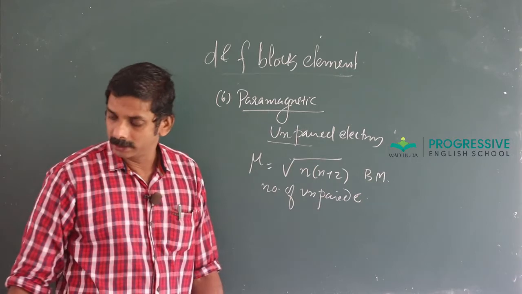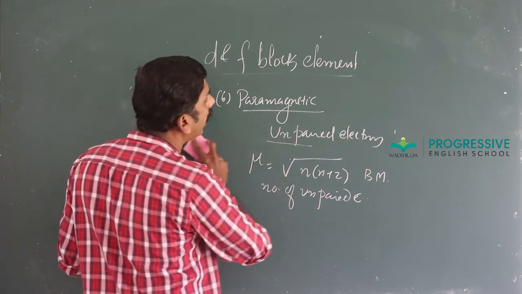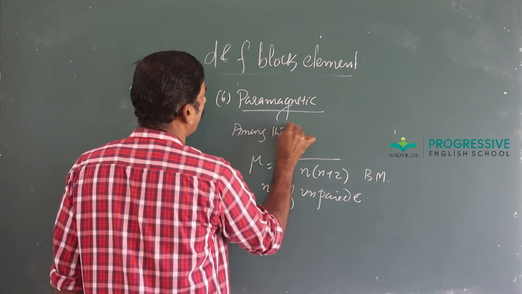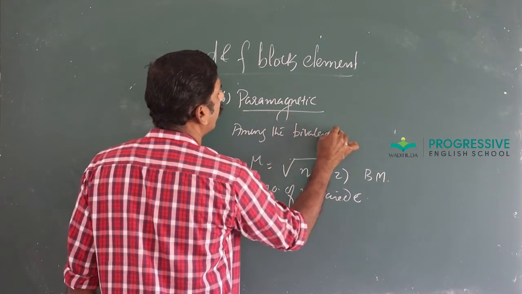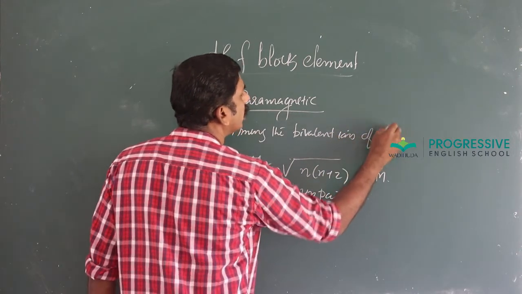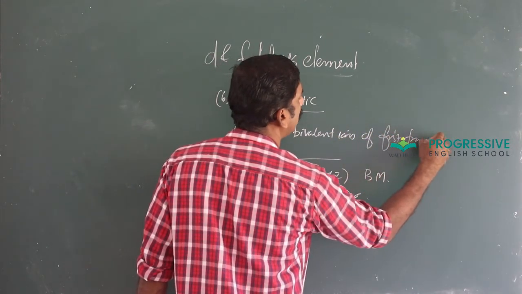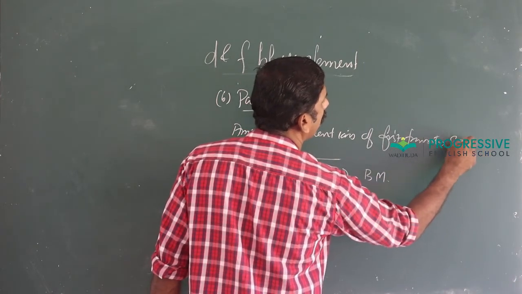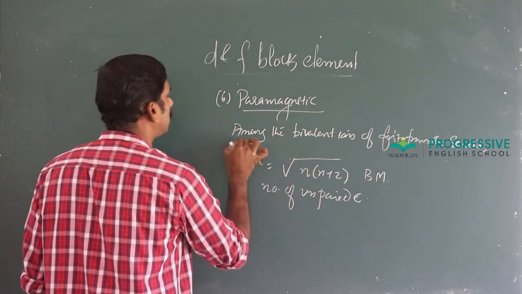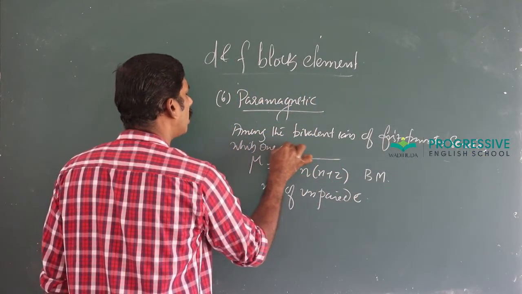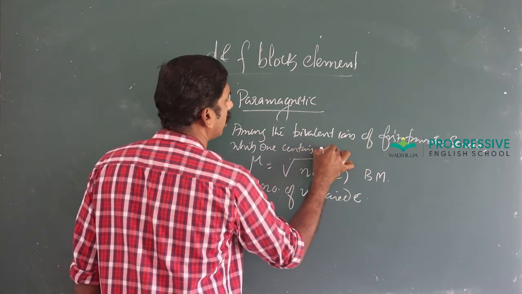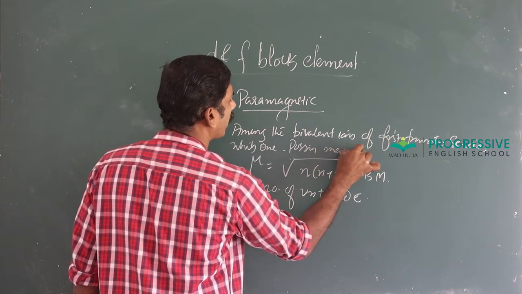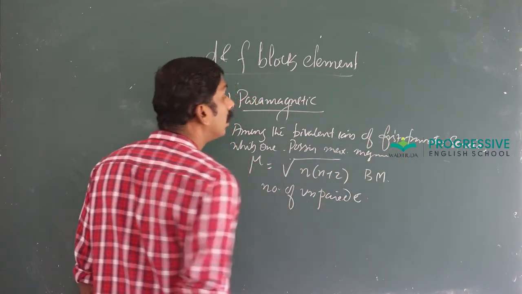If a question asks, like, among the bivalent ions of the first transition series, which one possesses the maximum magnetic moment?